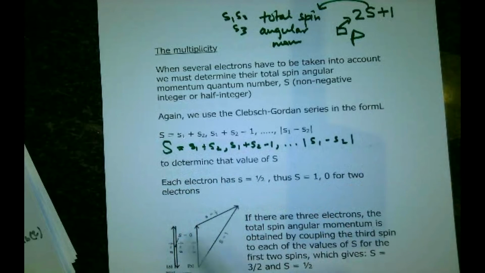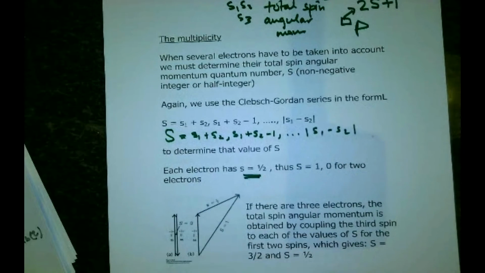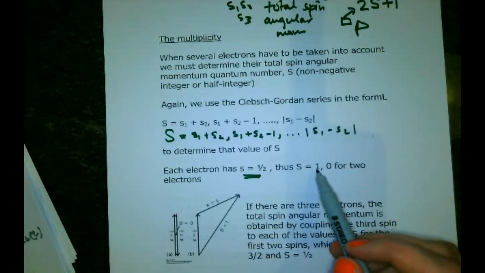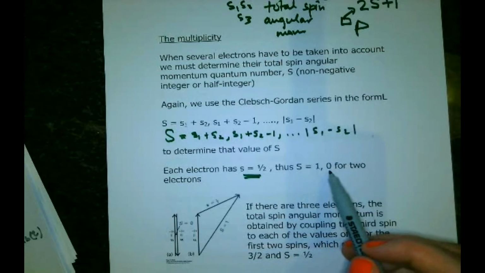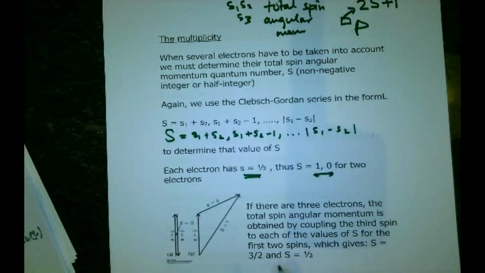And that gives us the values of uppercase S. So there's nothing funny there. Now remember, for an electron, lowercase s is always equal to a half. So if you have 2 electrons, uppercase S is a half plus a half, or a half minus a half. So for 2 electrons, you always get a value of 1 or 0 for the total spin angular momentum.